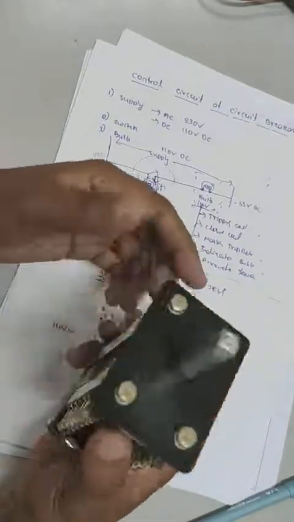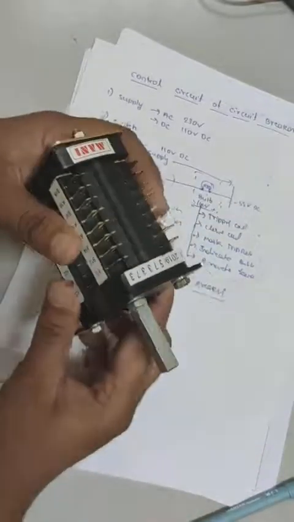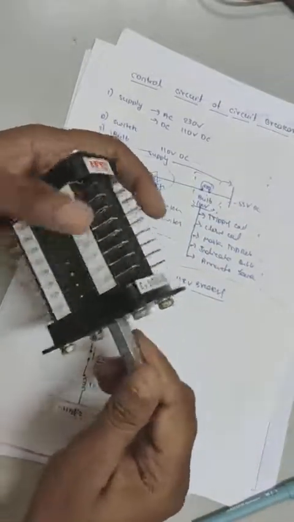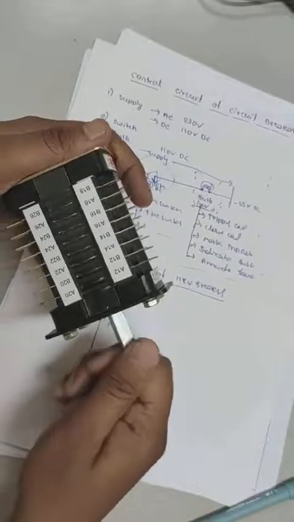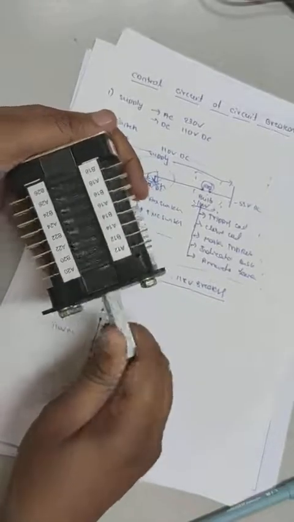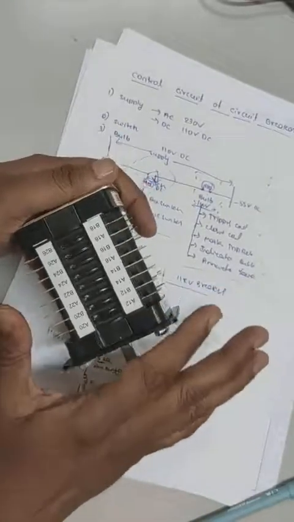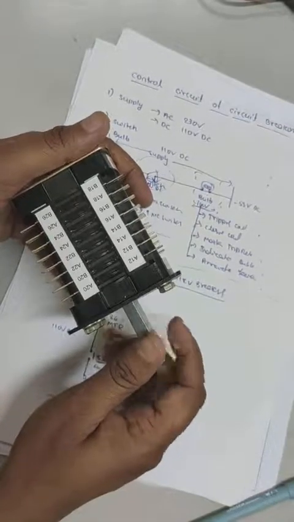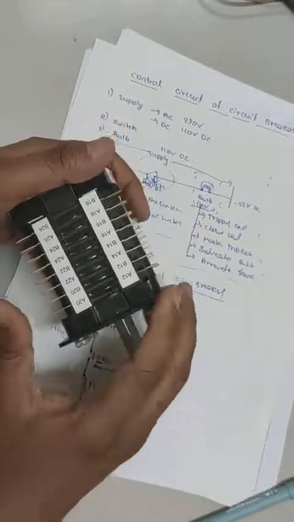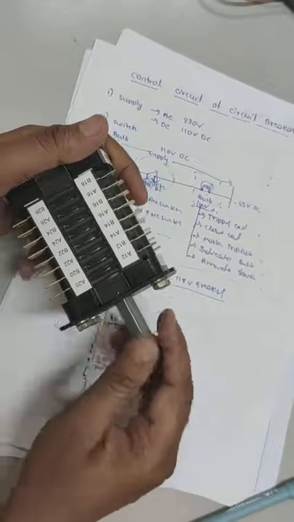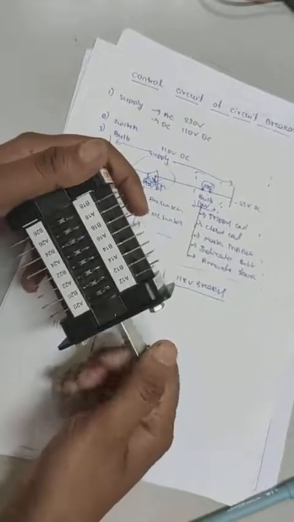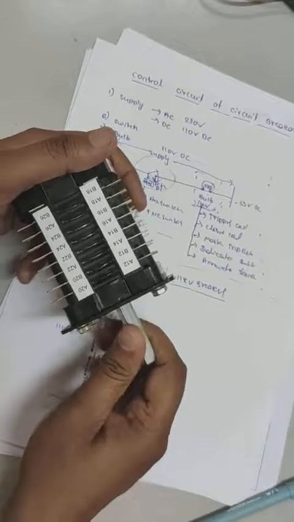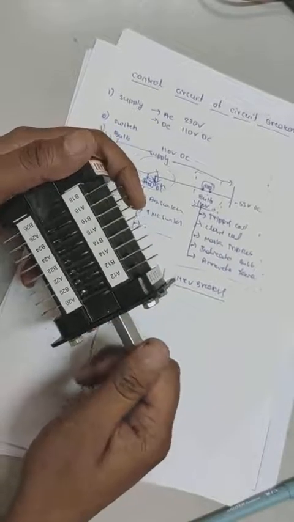What's the purpose of this switch? This switch is a mechanically operated switch. This is the bridge between the electrical and mechanical circuit of the breaker. That means it tells the electrical circuit the status of the circuit breaker, whether it is in closed position or tripped position.